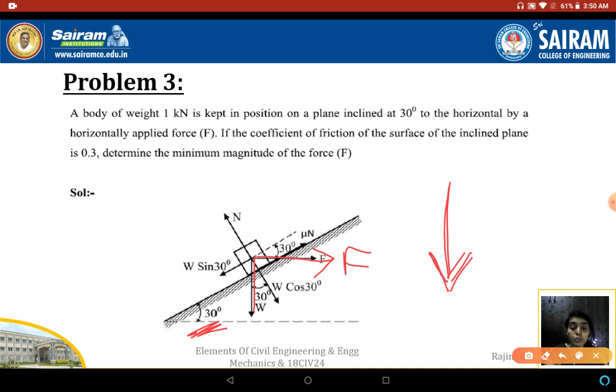Because of that, you have one more reaction opposite to that. Here I have taken the reaction R as N. No problem, it is R or N, it is up to you. Anything we can take.